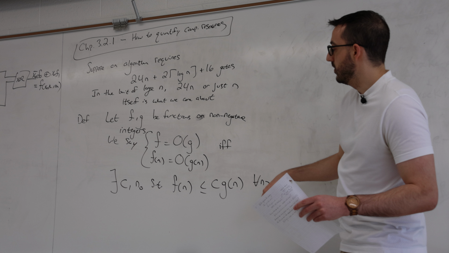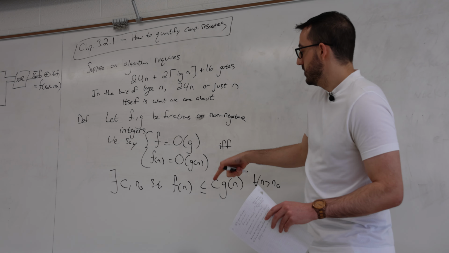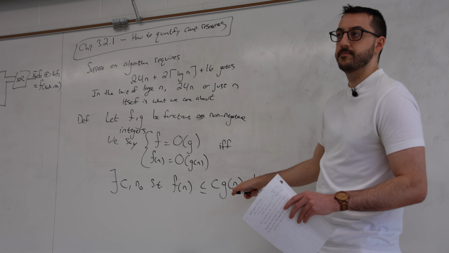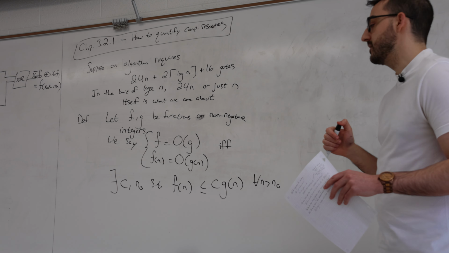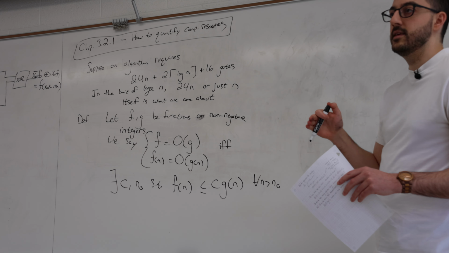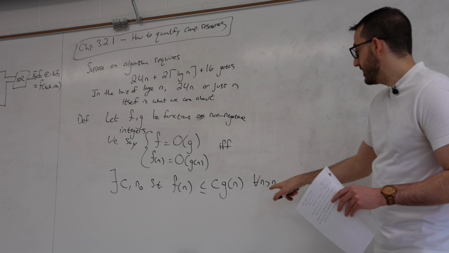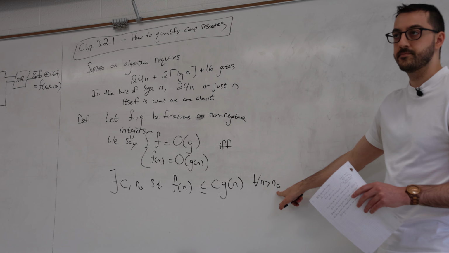So when we say that f is big O of g, you should think that f is less than or equal to g. But we want that to be true in the asymptotic limit, so in the limit of large n. That's why we require this condition for all n greater than n0.